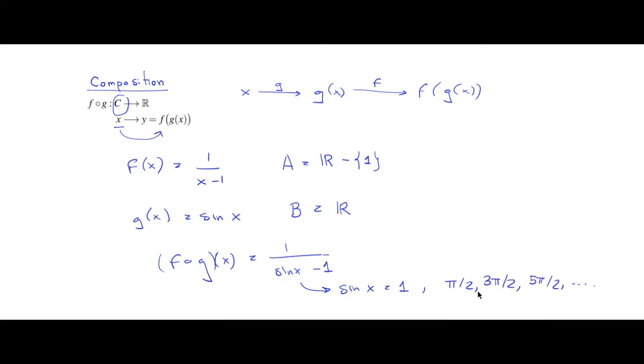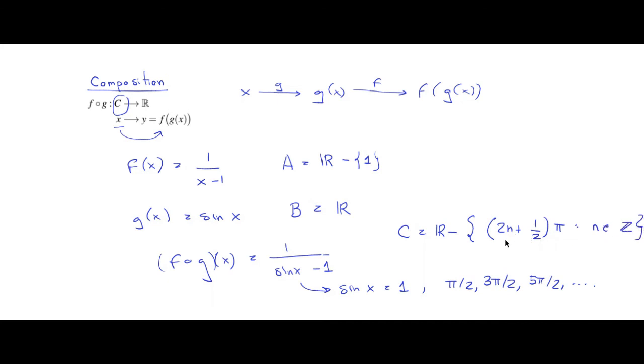So it's the odd multiples of pi over 2. So C is just the reals except (2n plus 1) over 2 times pi, where n is an integer. You can write it in different terms, but this is one way.